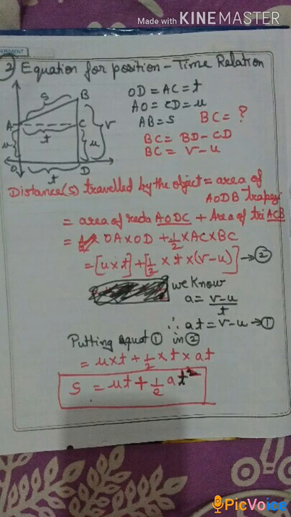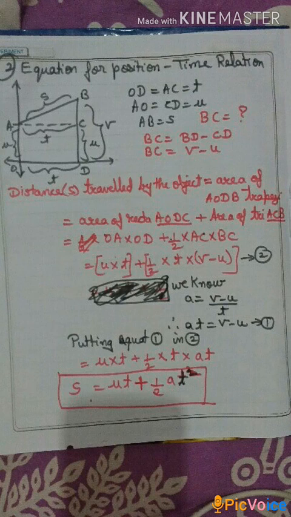Now, if we want to derive the equation for position-time relation, here they have considered an object that has traveled a distance s in time t under uniform acceleration a. As I have shown in the figure, I have denoted all the term values. Here, OD is equal to AC, which is equal to t. Then OA is equal to CD, which is equal to u, the initial velocity.